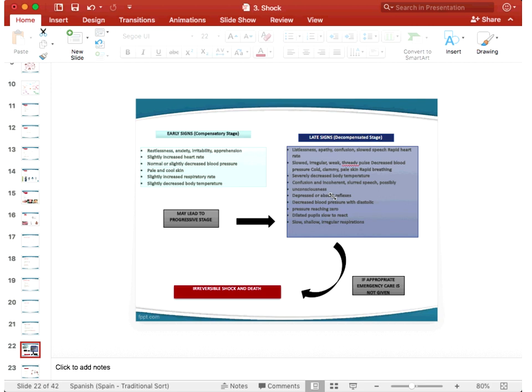Let's set another scenario. You have a 28-year-old male that just had a motorcycle crash. He was projected from his vehicle. He was running about, let's say, 150 kilometers per hour.